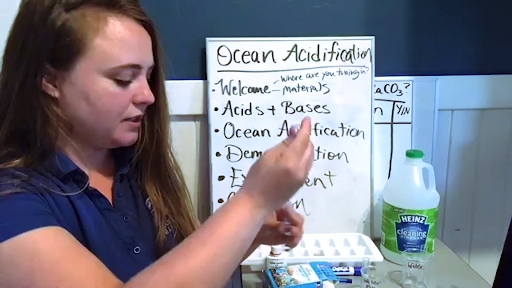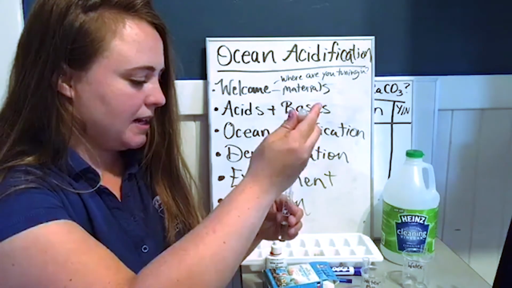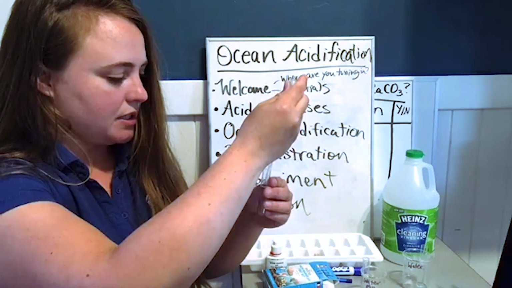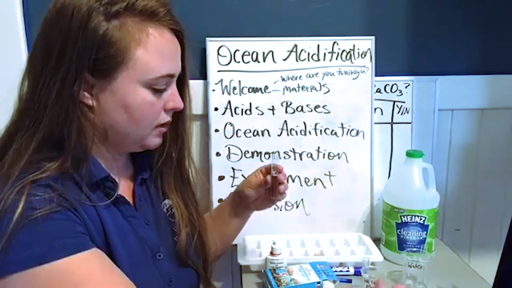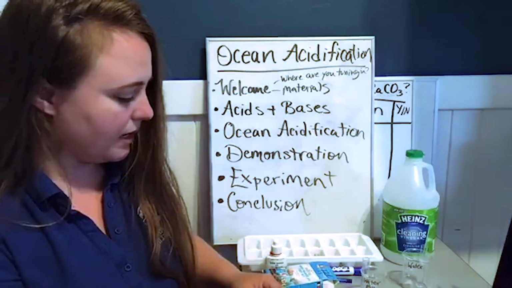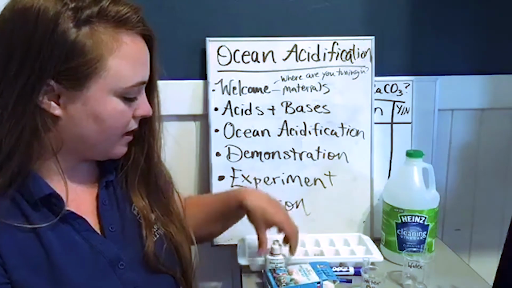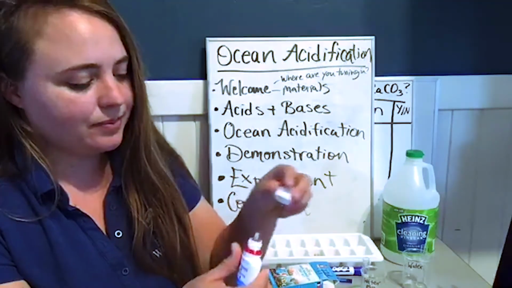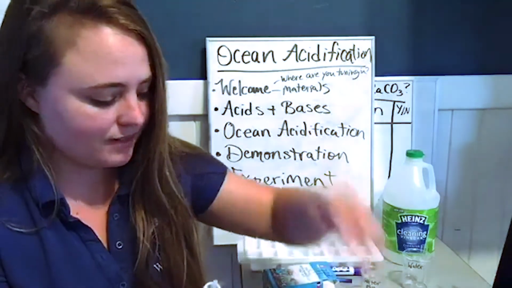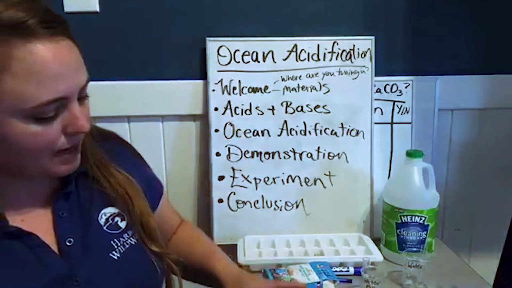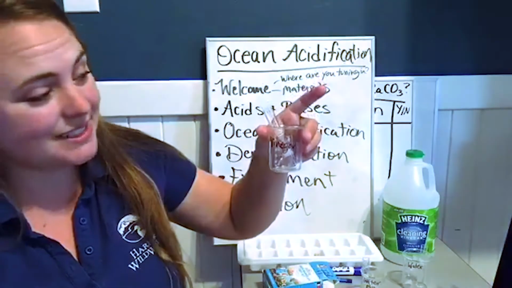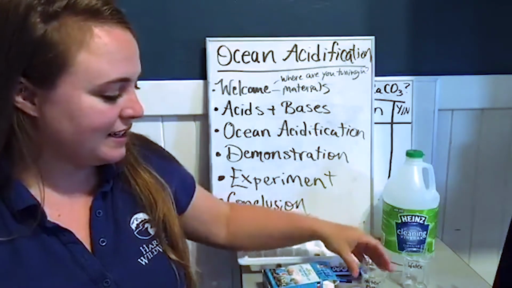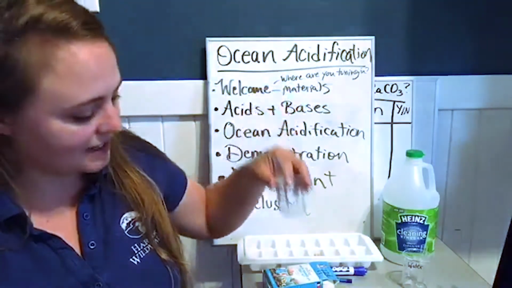And what I'm gonna do is add a little color changing solution that we would use for our aquarium. And the way the color changes for these samples will tell us what the pH is of this water. So my prediction would be that the vinegar is probably the most acidic, tap water the least, and this water plus carbon dioxide somewhere in the middle.